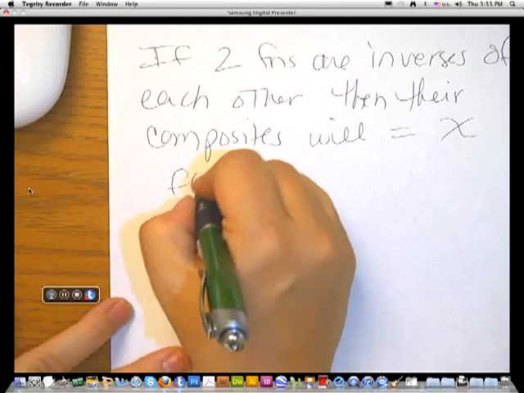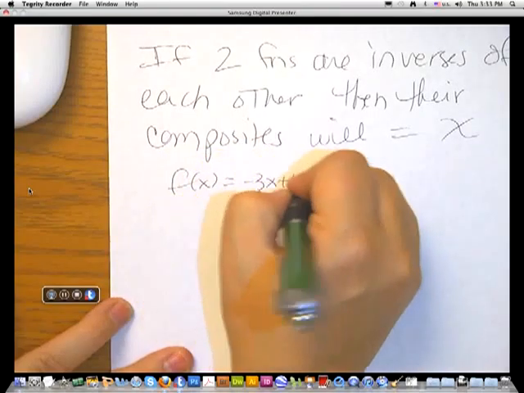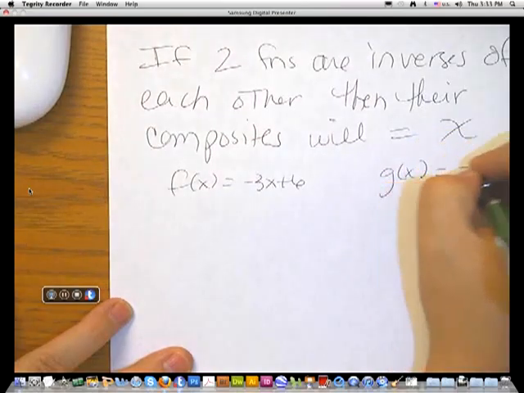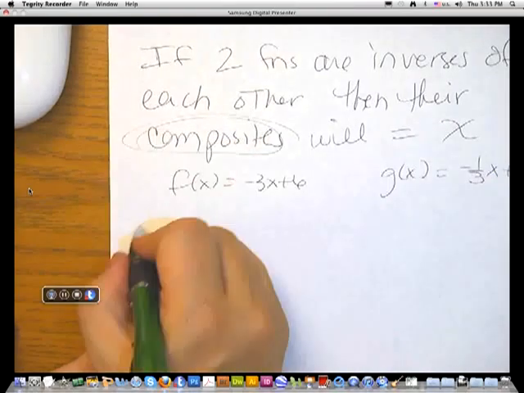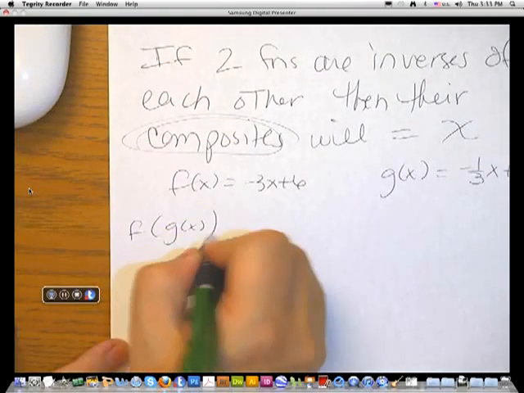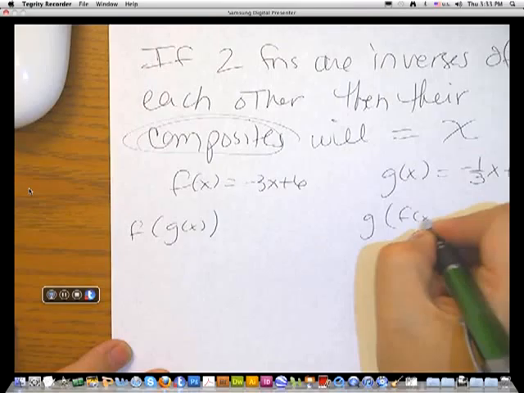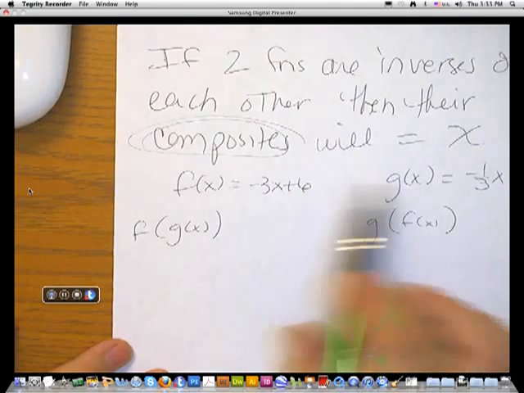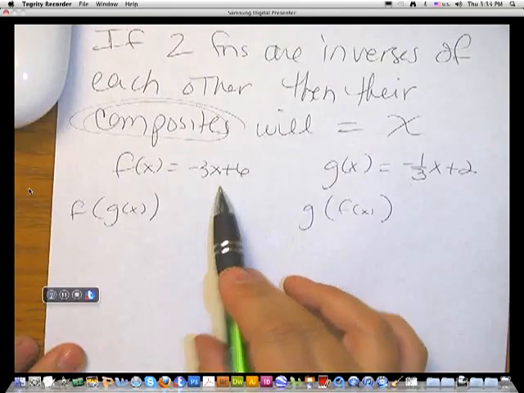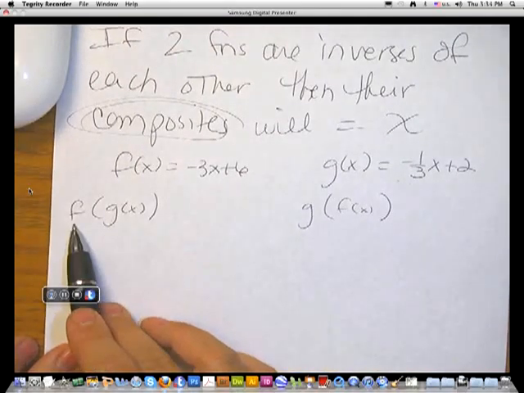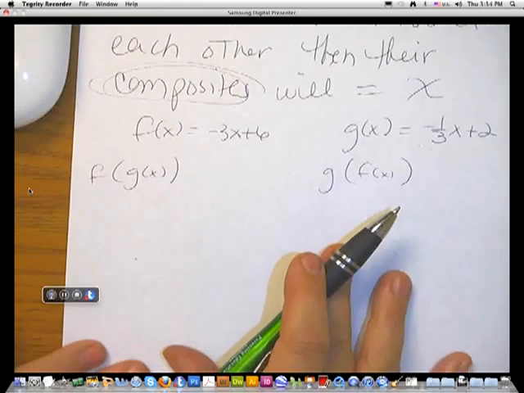So let's say I have f of x is negative 3x plus 6, and g of x is negative 1/3 x plus 2. The composites are f of g of x and g of f of x. If these are truly inverses of each other, when I do the composite, I'm going to get x left standing.